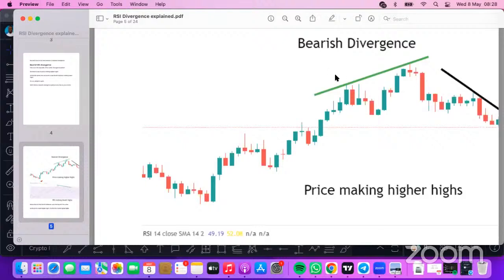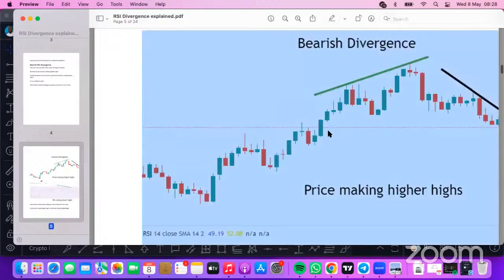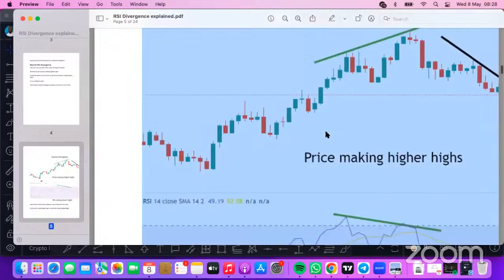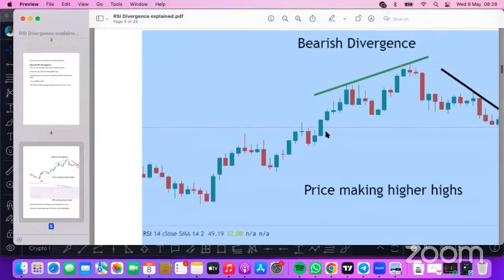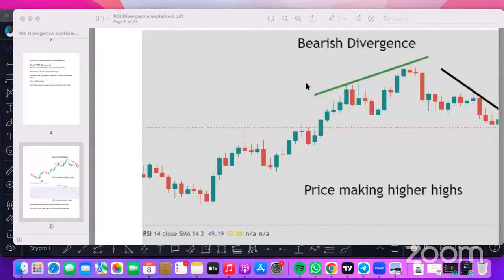Let me balance my screen a little bit. Like you see here, you are drawing your line, touching this point to this point.